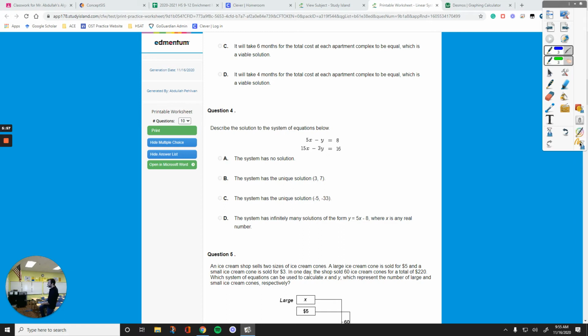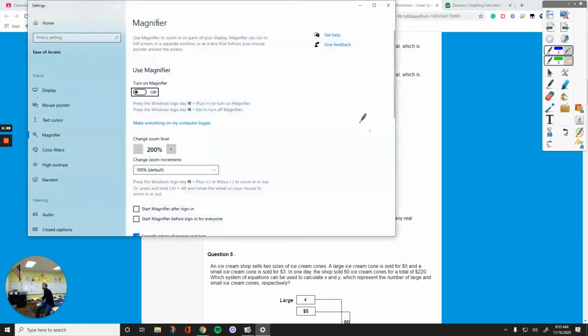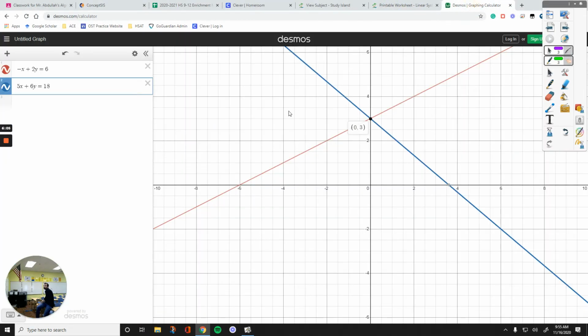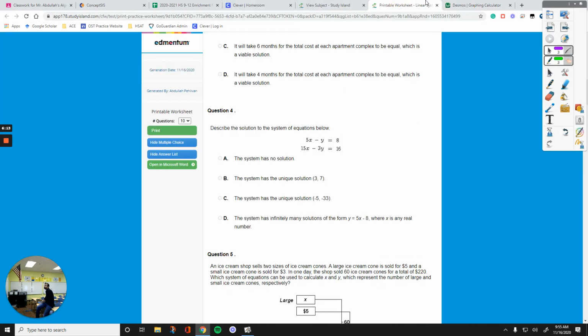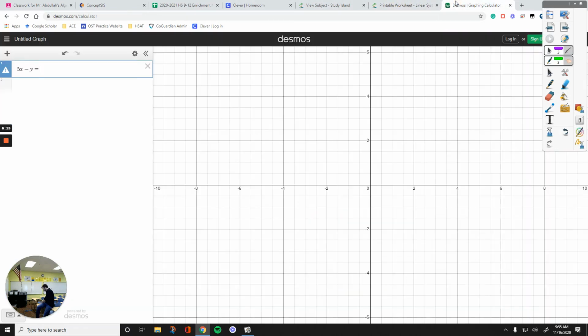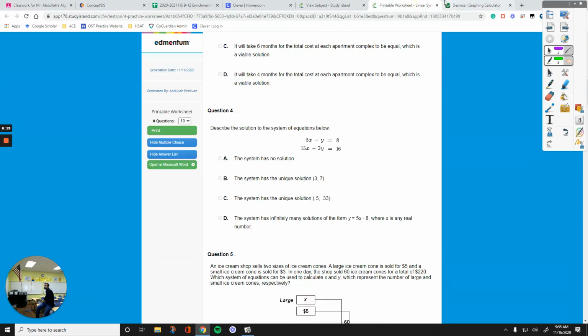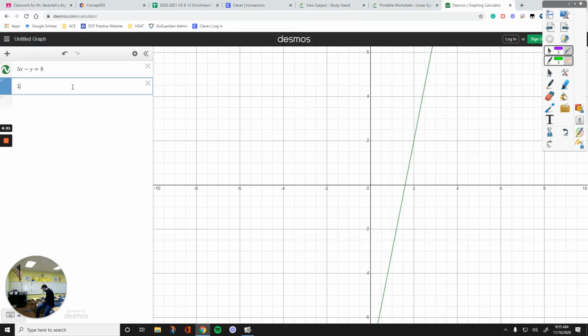5x minus y, it'll have no solutions because I think the lines are going to be parallel, looking at their slopes. The first one is 5x minus y equals 8. Let me double check. Yep. That's my first line, and the second line was 15x minus 3y.